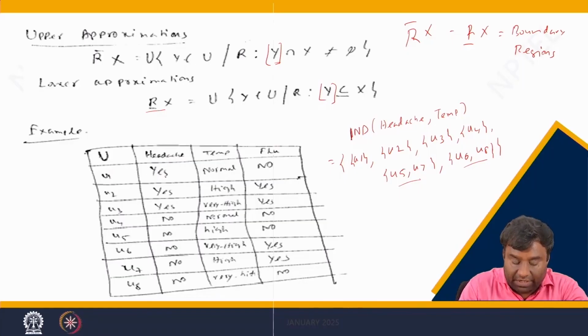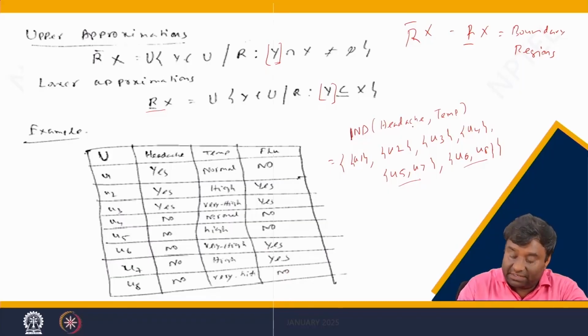For U1, headache is yes, temperature is normal, flu is no. For U2, headache is yes, temperature is high, flu is yes. Similarly for U3, yes, very high, flu is yes, and so on. For U8, headache is no, temperature is very high, and flu is no.